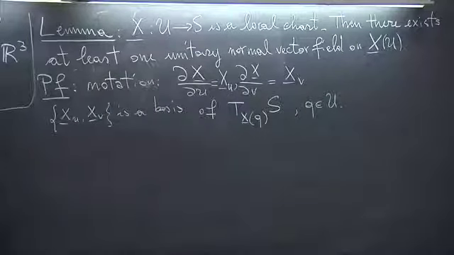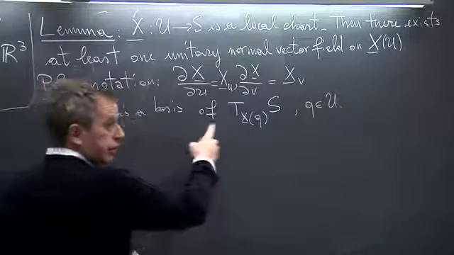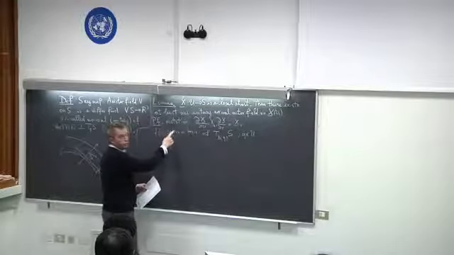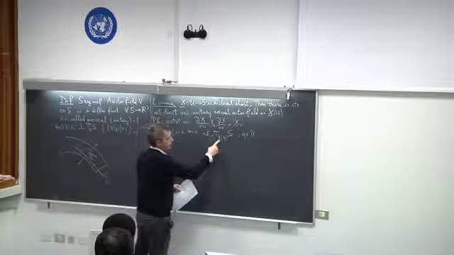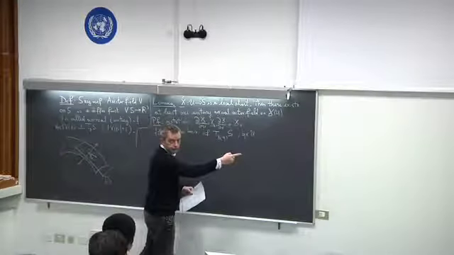Okay. So this is what I tried to convince you before. When you compute this at some point UV, you really are taking the basis at the corresponding point X of UV.